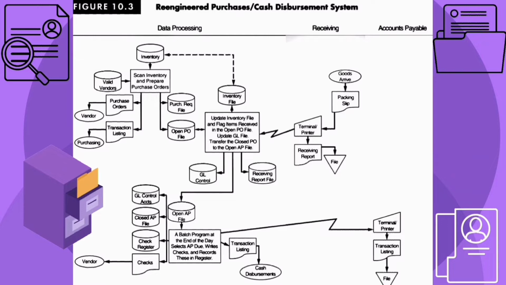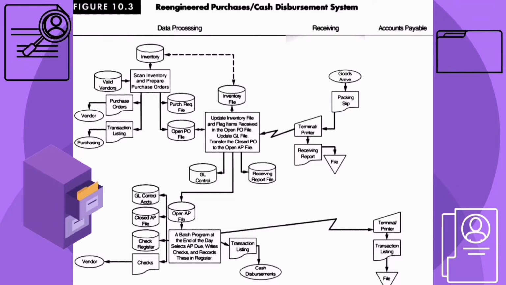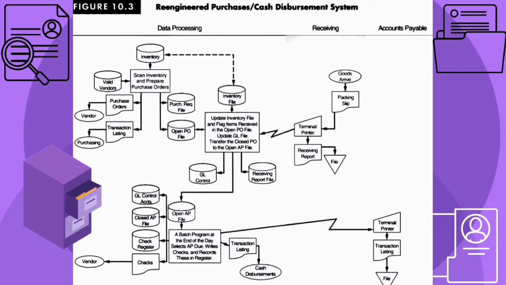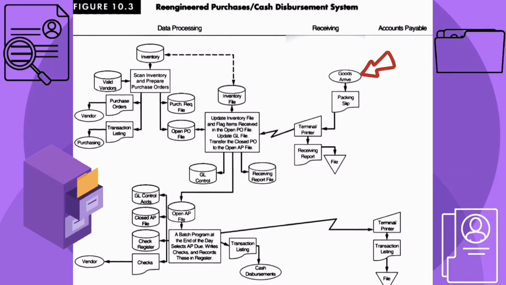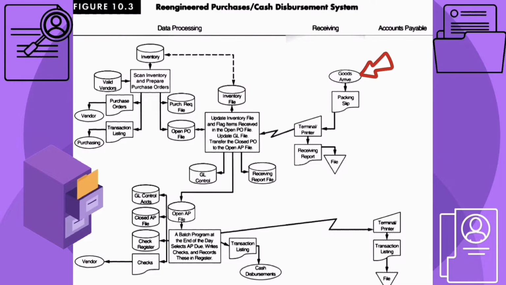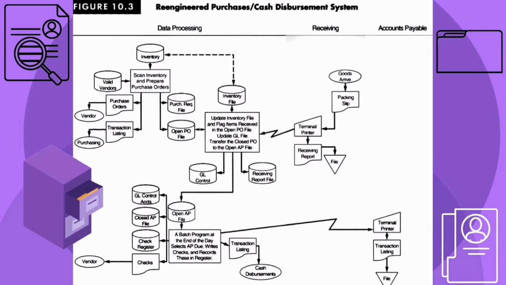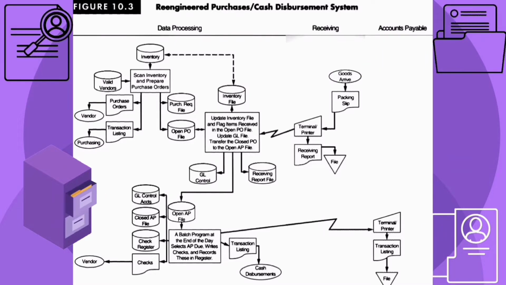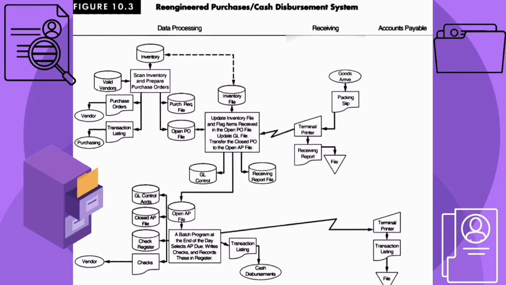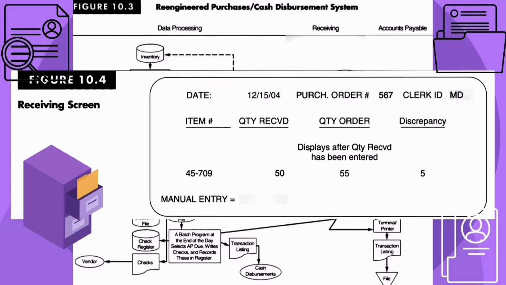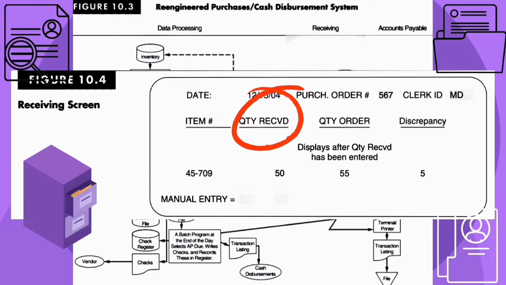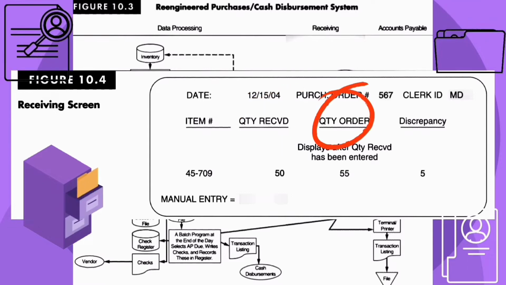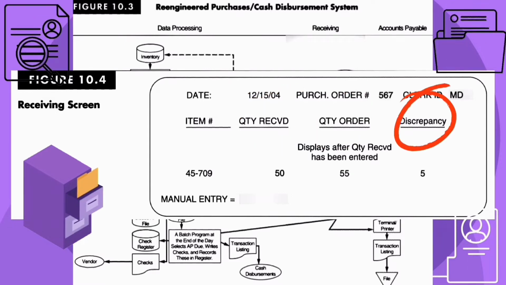Let us take a look here in figure 10.3, which shows the key features of a re-engineered system. In the receiving department, when the goods arrive, the receiving clerk accesses the open purchase order file in real time by entering the purchase order number taken from the packing slip. This receiving screen prompts the clerk to enter the item, quantities received for each item, quantity ordered, as well as the discrepancy on the purchase order.